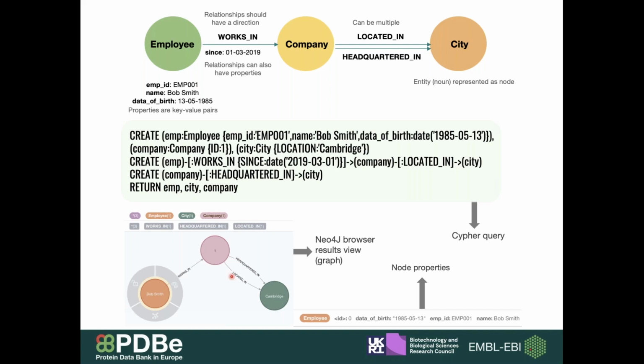By using this, you can query, visualize, administer and monitor your Neo4J database. The results for your query can be interactively visualized in the Neo4J browser graph view. And also at any point of time, you can click on any node or relationship to see the respective view of its properties.